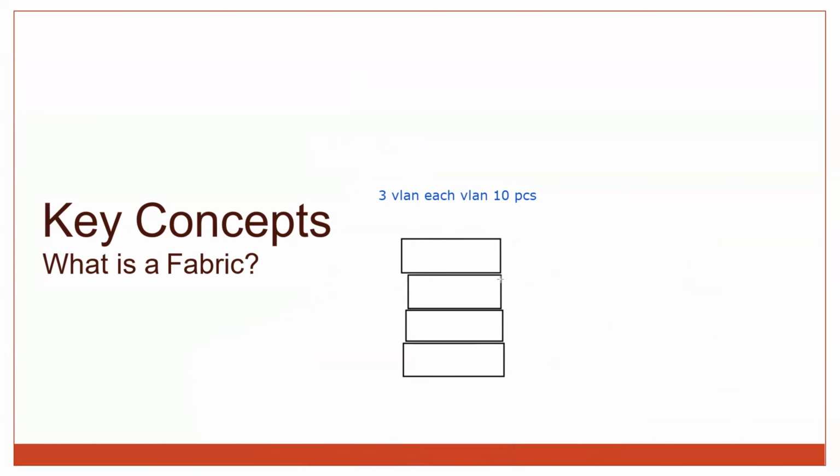So the interfaces in these switches will become, for example, 30 into 4, that means 120, right? With this, they can easily serve customer A, customer B, customer C, customer D.